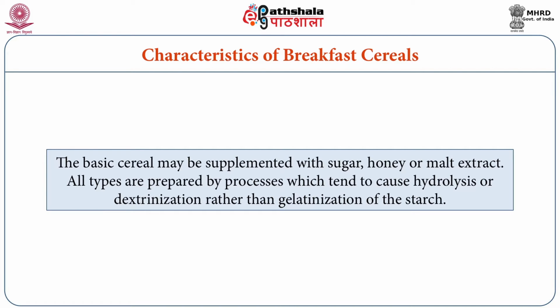The basic cereal may be supplemented with sugar, honey or malt extract. All types are prepared by processes which tend to cause hydrolysis or dextrinization rather than gelatinization of the starch.